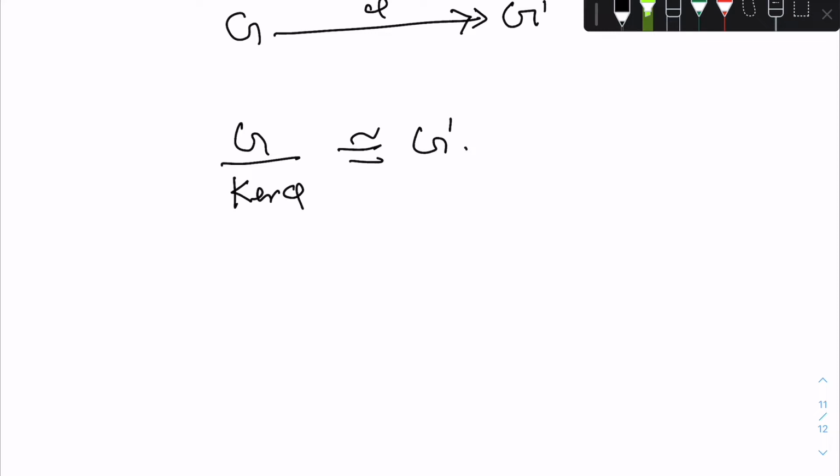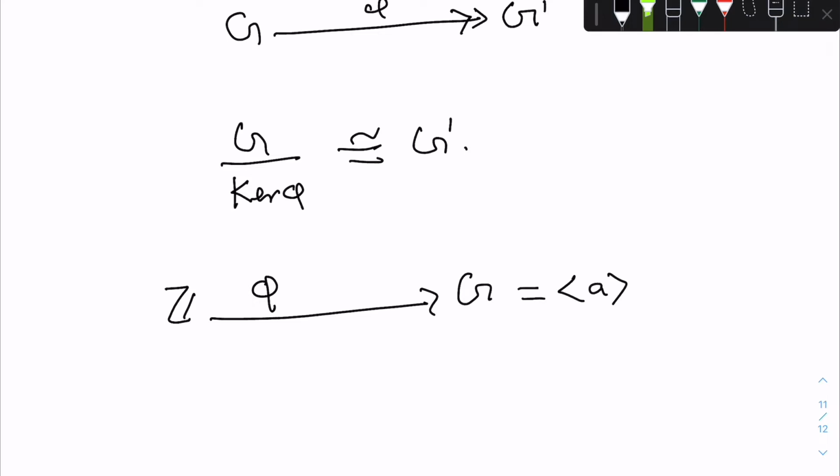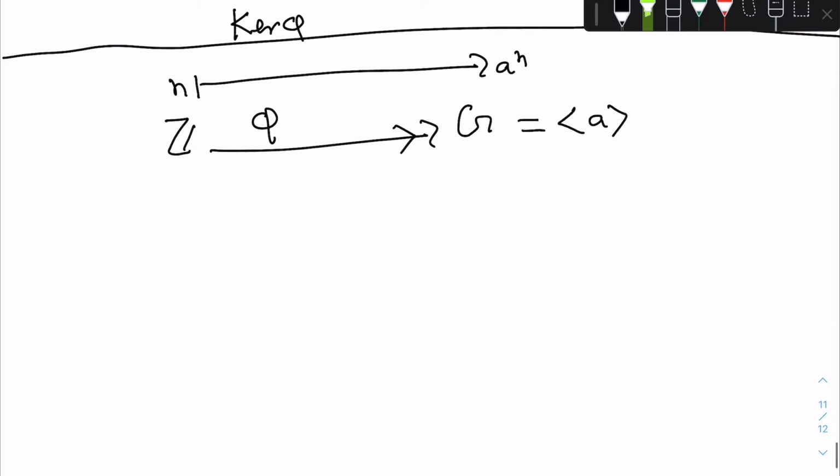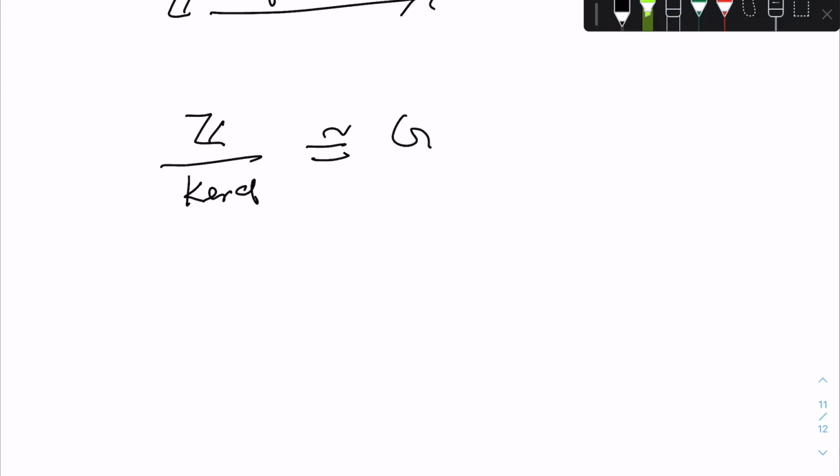So we have a homomorphism from integers to the general cyclic group, which is generated by a here, and which is onto. Namely, that is n going to a power n, right? Now, that says that Z by kernel of phi is isomorphic to G. So we got a very nice thing.